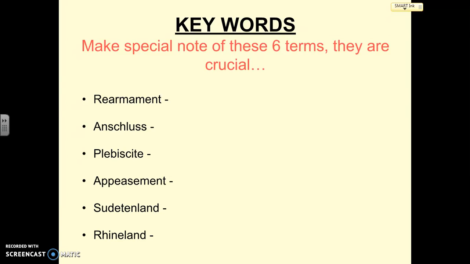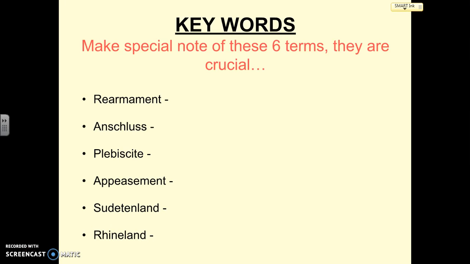You're going to want to write down these 6 terms. Hopefully you used that 2.5 minute intro to write down the title of this lecture, and if not, just skip back and get it. You're then going to want to write down each of these 6 terms, because we will define them throughout the lecture, both today and tomorrow.